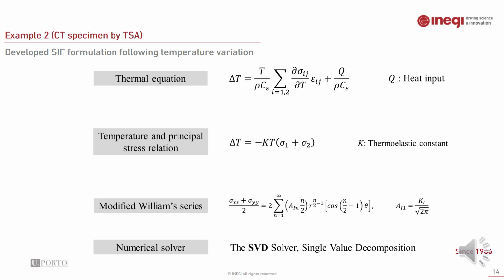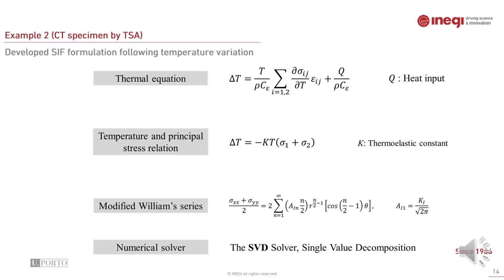Thermoelastic stress analysis produces information regarding the stress amplitude, which is a function of sigma, equal to sigma 1 plus sigma 2 divided by 2, the same as sigma xx plus sigma yy divided by 2.